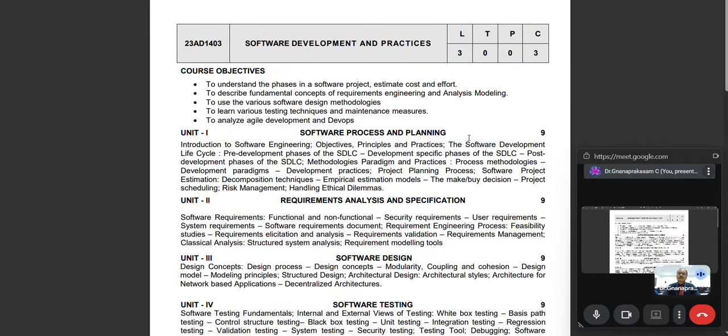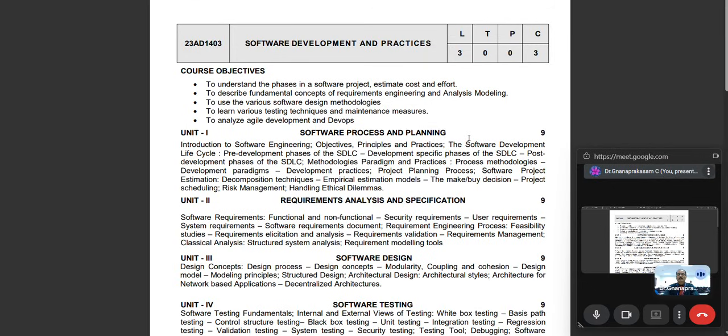Now you can move to the fourth course objective: to learn various testing technologies and maintenance measures. Once you have implemented all the customer requirements and converted them into a project, that project should give a proper output. This is my customer requirement, and it is brought into the user interface: what inputs are needed and how those inputs will be processed is very important.